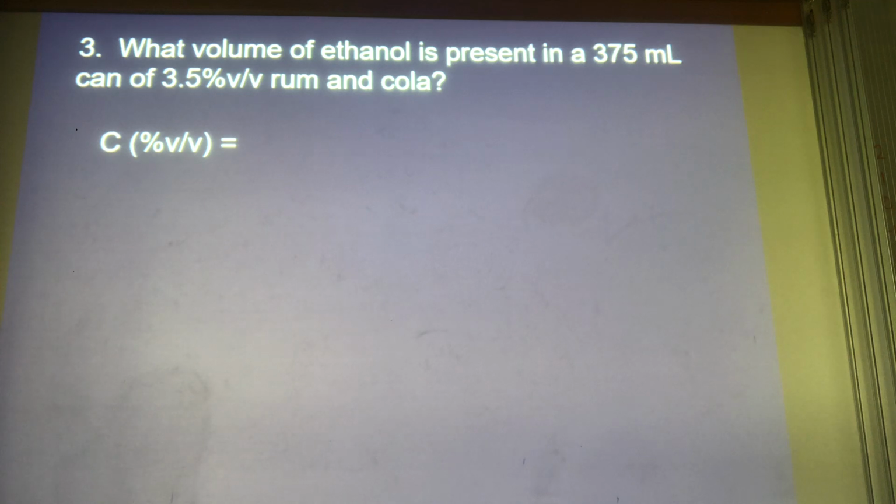Well, what volume of ethanol is present in this 375 ml can of 3.5% by volume rum and cola? Okay, so the percent by volume. So the formula is volume of ethanol on the top line, volume of rum and cola on the bottom line, times 100 because it's a percentage.